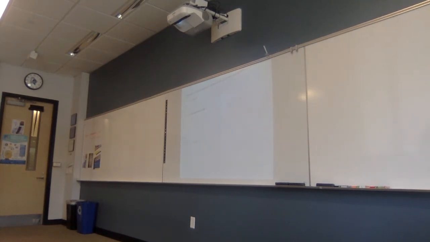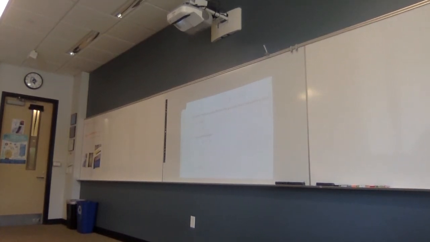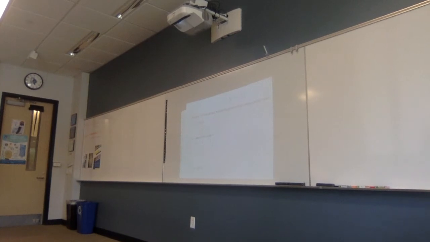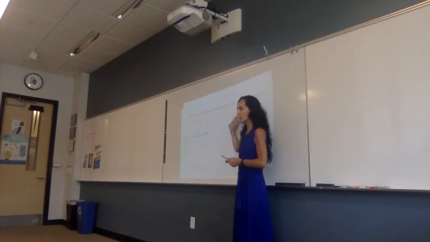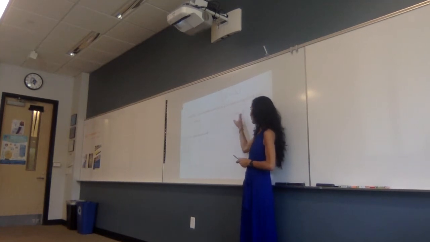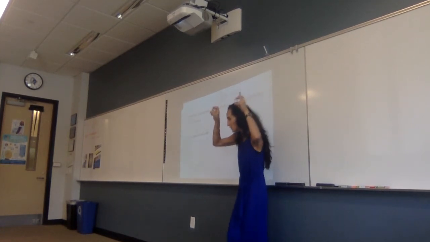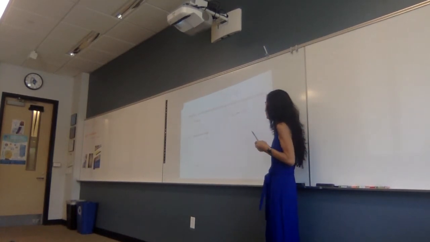X is one of the numbers, a is the other number, and subtraction is the difference between those two numbers, the distance. So this could be represented as the absolute value of negative 6 minus 8. Again, we like to see the subtraction sign. That allows us to easily identify the two endpoints that I'm looking between to find the distance.